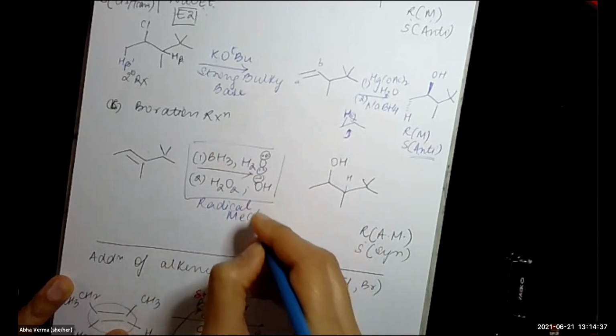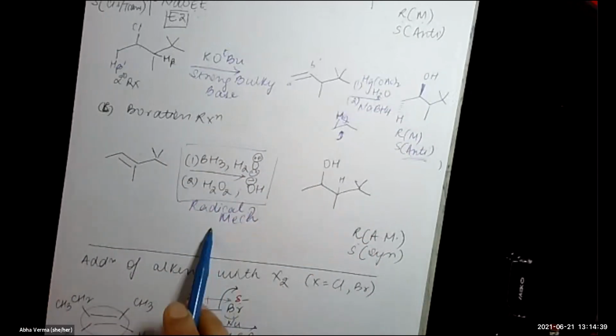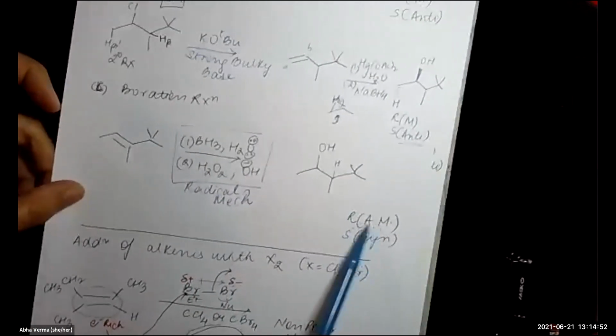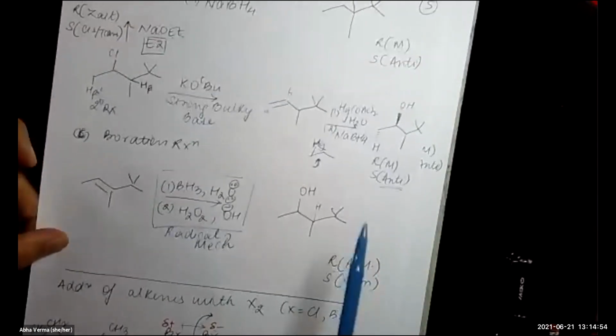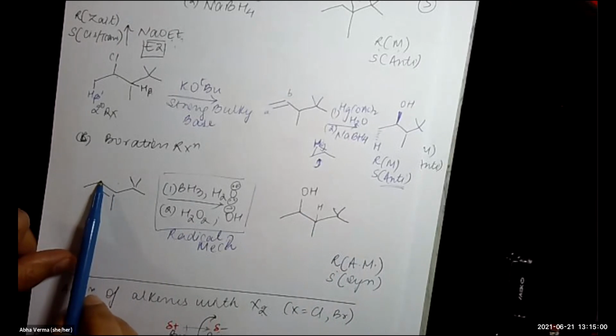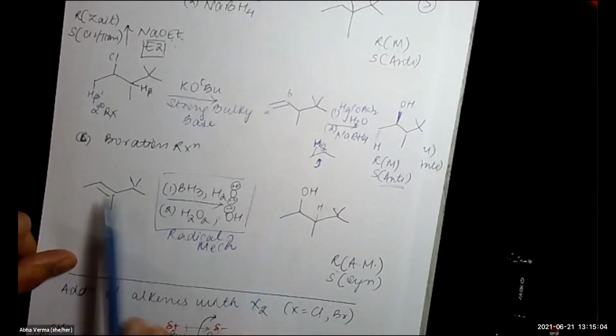So this mechanism and the HBr and H2O2 mechanism, we are going to look at it when we go to module 10. Okay. And the last kind of reactions, so the regiochemistry is anti-Markovnikov's. The OH will go not to the more substituted carbon, but to the less substituted carbon. So this is what you need to know about this.